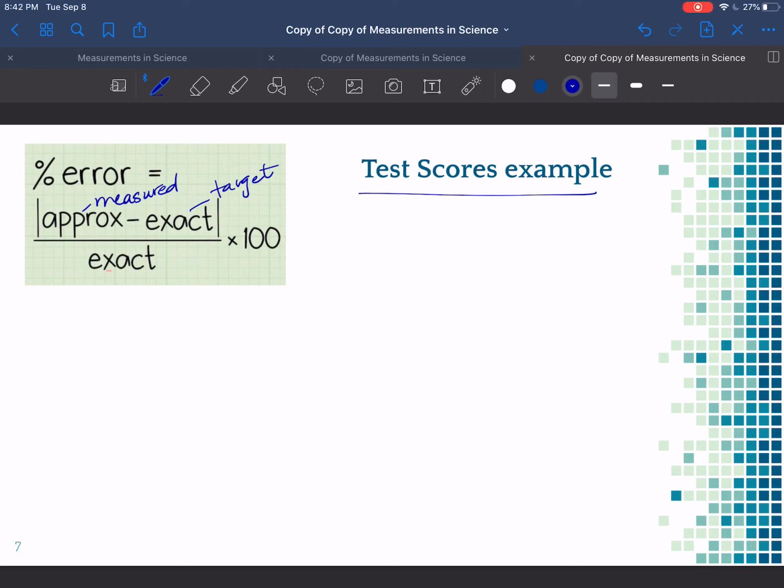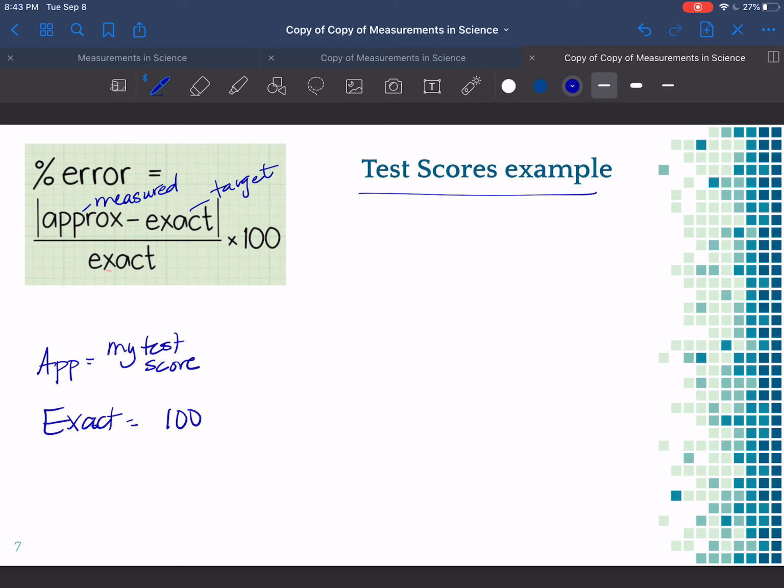Well, if I'm taking a test, the approximate value is my test score, right? And the exact value is, what are the points that it could be worth? Well, it's 100, right? So every time you take a test, your target is 100 points. That's accurate. If you were the most accurate, you would have 100. We would go out from there.